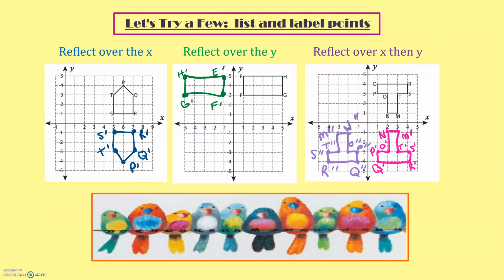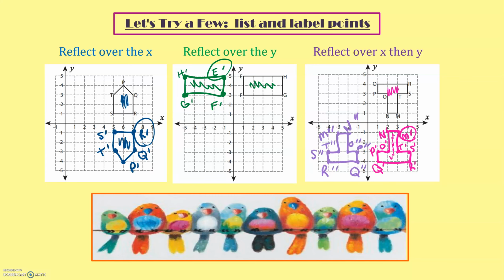Some things that I hope you remembered: when you went from the pre-image to the image, you marked and labeled your points with a prime. From this pre-image, we reflected over the x, and that gave us this image, which is labeled with a prime.